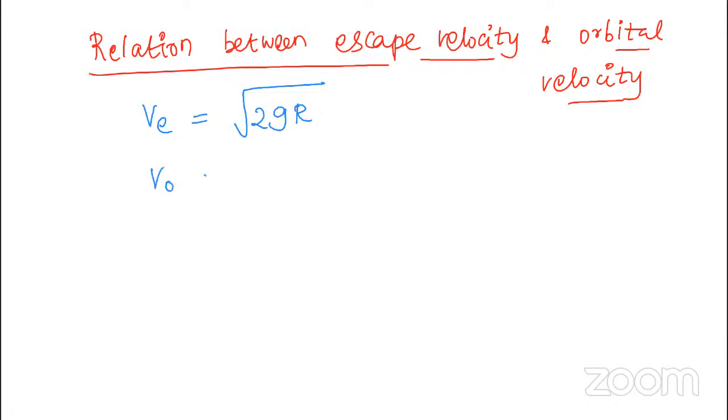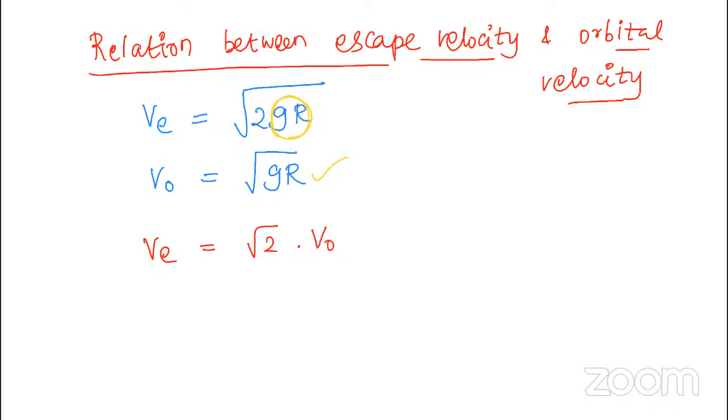According to our first equation, it is square root of g into R. We are going to substitute these values in the equation. From this we can calculate the relation, that is, VE is equal to square root of 2 into V naught.